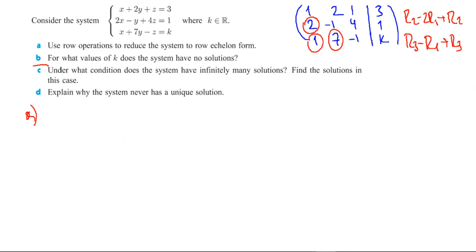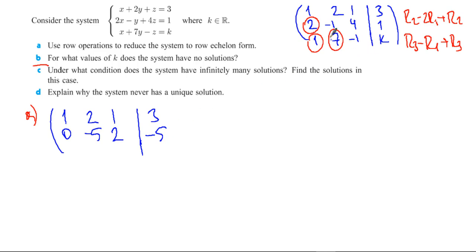I will write directly. No change in the first row: 1, 2, 1, 3. Then multiply the first by 2, subtract from the second, it will be 0, minus 5, 2, it will be 2 here, and minus 5 here.